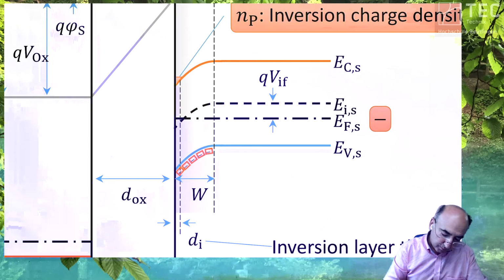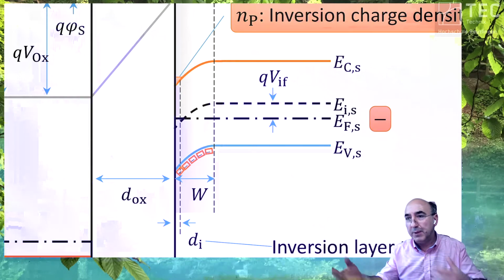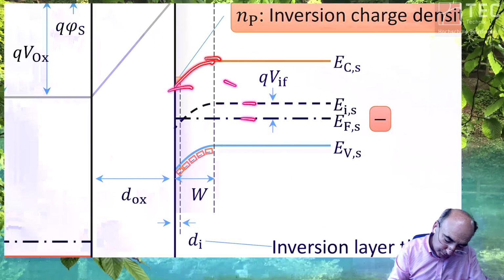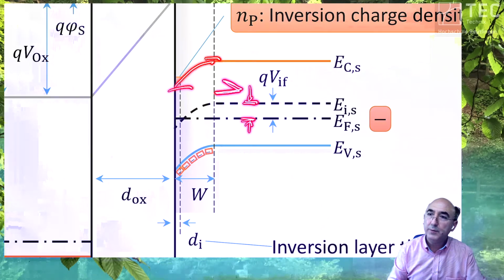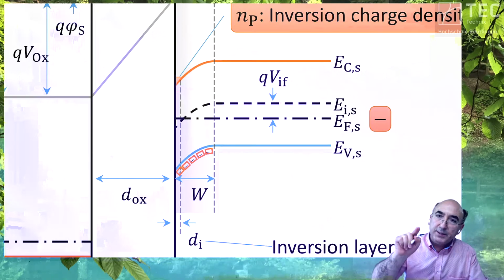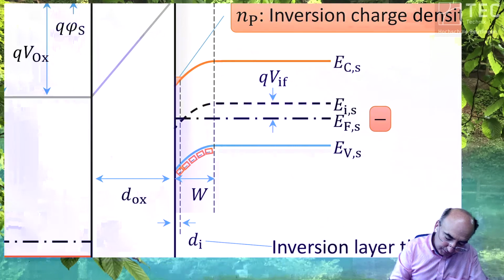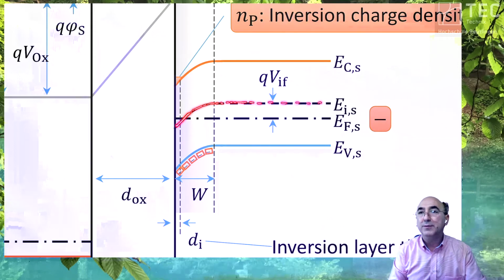This charge, you know, Poisson equation, makes band bending. Band bending as much that it is larger than this difference. Okay. If this is the case, then your intrinsic level crosses your Fermi level.